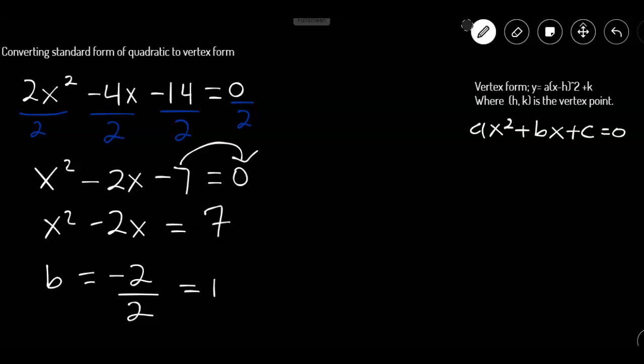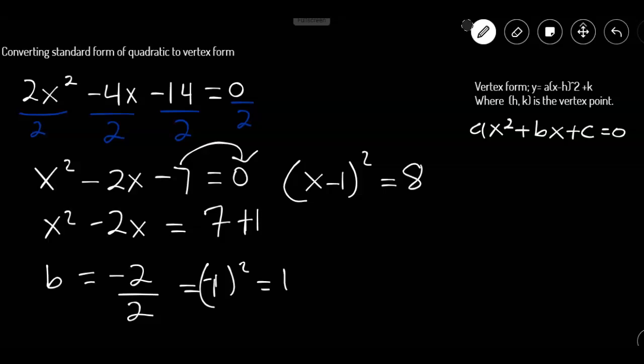And remember that one comes right here. So we have x minus 1 all squared. Then we square this and we get 1, and we add that 1 to this constant here, and we get 8 and we write it here.